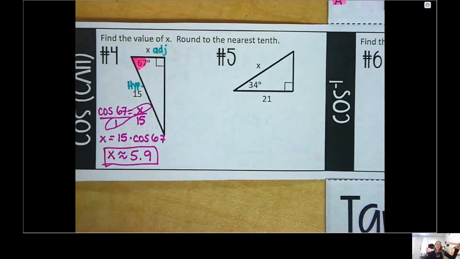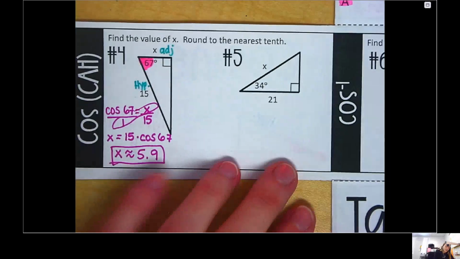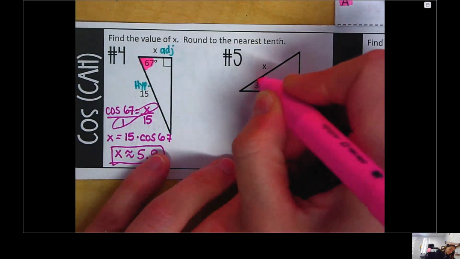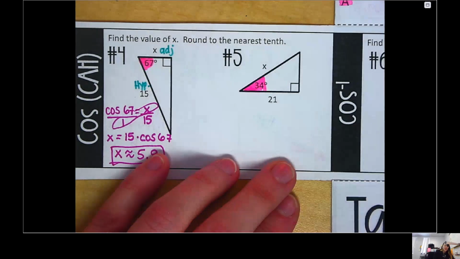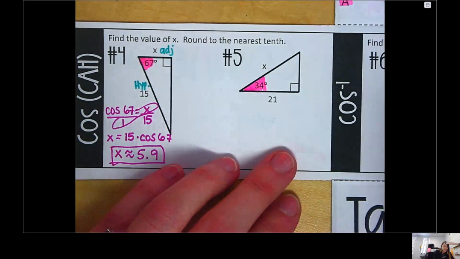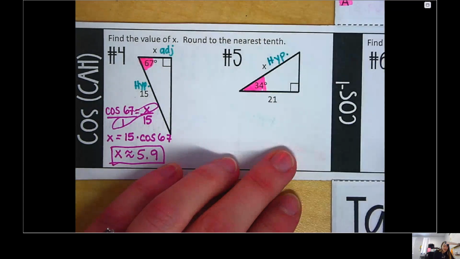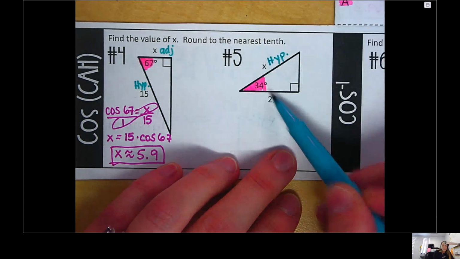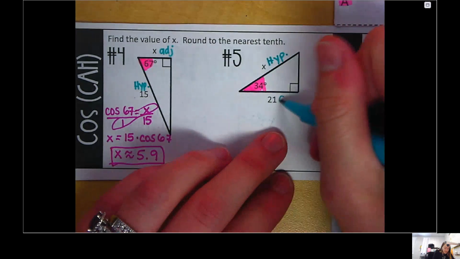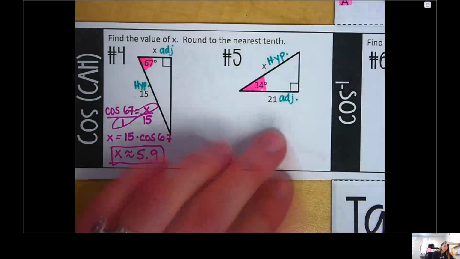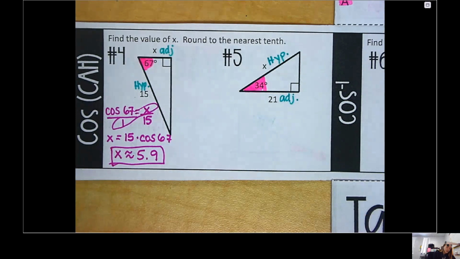Number 5. Start by highlighting my reference angle. Okay, I'm going to mark my hypotenuse, which is across from the 90, so that's the X. And then this 21 is right next to the angle, so this is my adjacent piece. Okay, so we'll set up my ratio now.